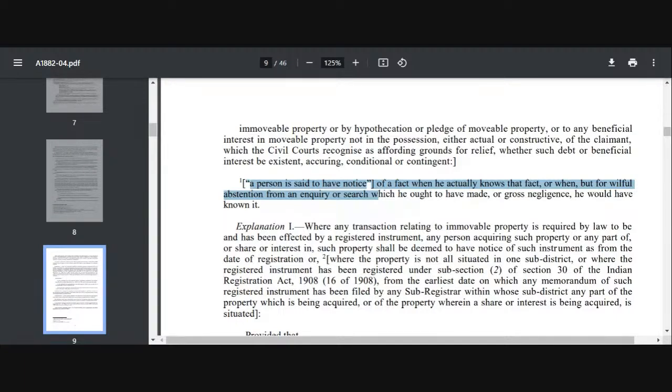Now if you see the explanation part, we also have one Explanation 1 to section 3 that provides that registration of a document is notice of all facts stated in the document. तो अगर मैंने किसी एक document को register कराया है, that means that I have notice of the facts.